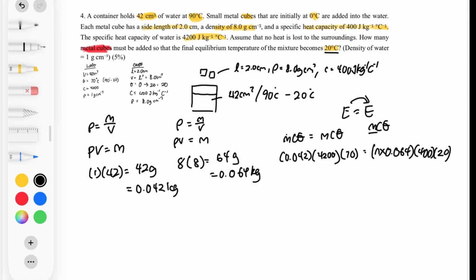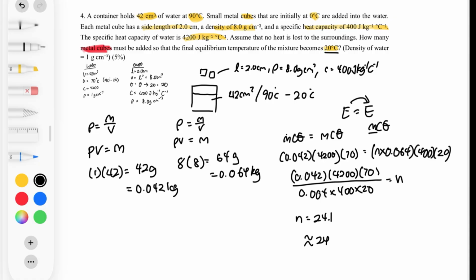So we move things around: 0.042 times 4200 times 70 divided by 0.064 times 400 times 20, and you get N. N will be 24.1, around 24 cubes. So this is our answer.